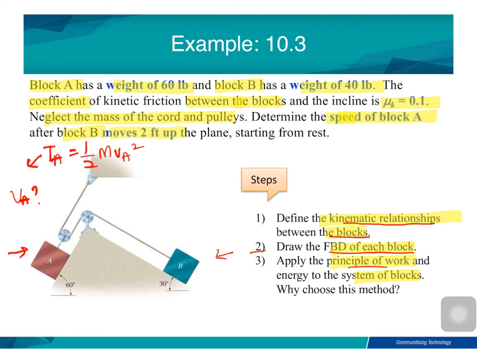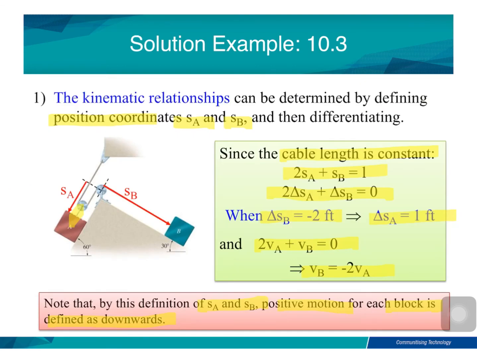So here, this is 2T because of this cable, and this is the T. Okay, so the kinematic relationship can be determined by defining position coordinate SA.